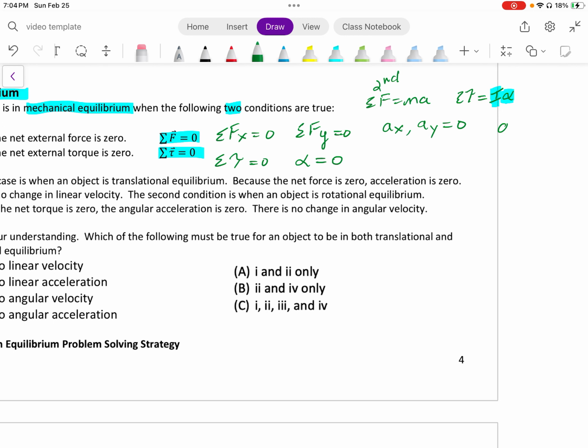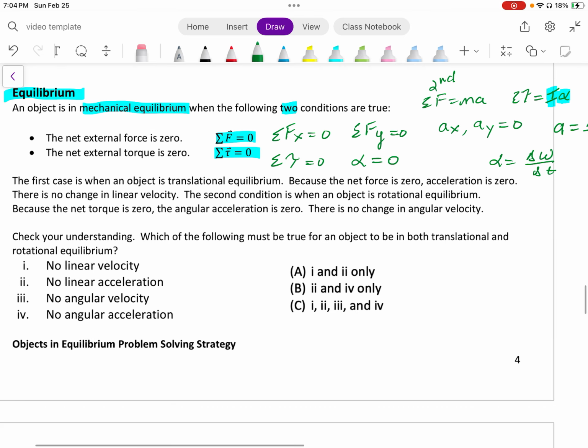Recall that acceleration is change in velocity over time, and angular acceleration is change in angular velocity over time. If I have a velocity of 5 meters per second and a net force of 0, my acceleration is 0, my velocity stays constant. So the change in velocity is 0, acceleration is 0.